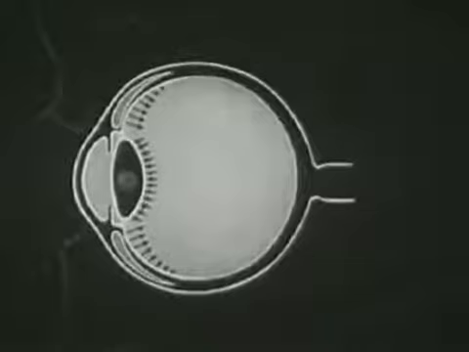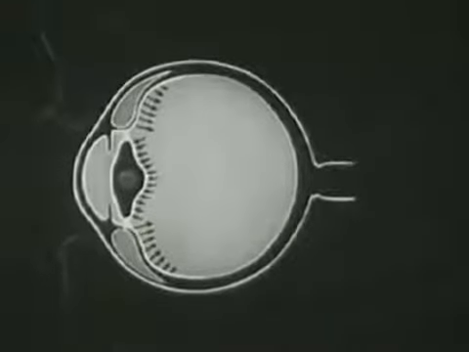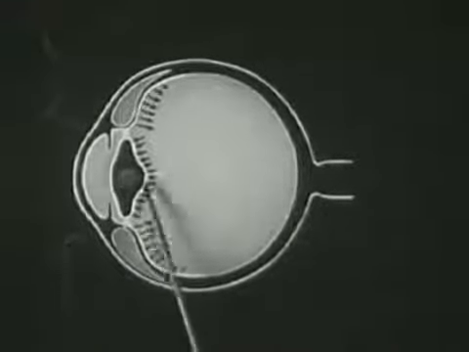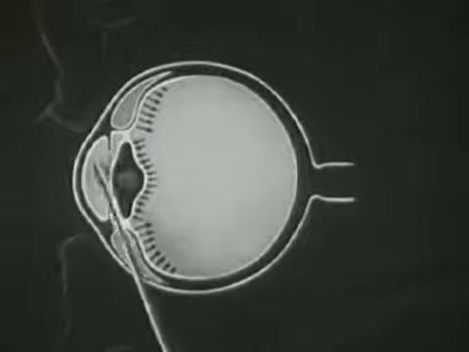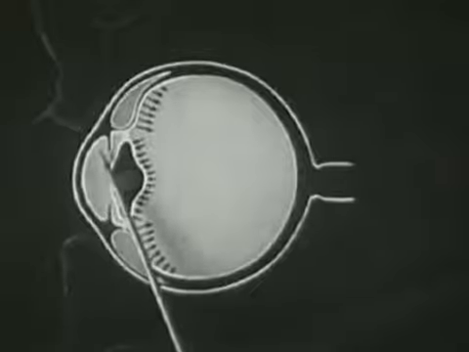Now, the lens as a whole cannot give way against the equally non-elastic aqueous humor and its confining cornea. So the only part which can possibly yield to the pressure of the vitreous humor or body is the soft substance of the lens.